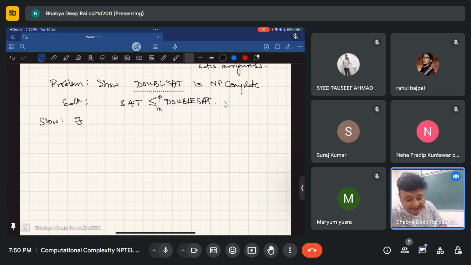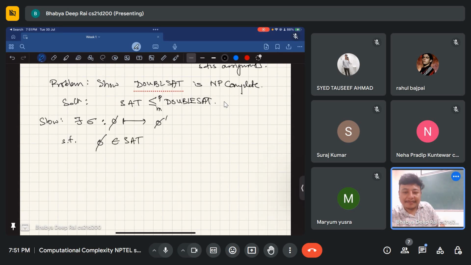We need to show that there exists a transformation sigma which takes in a formula phi and produces another formula phi prime such that phi is satisfiable if and only if phi prime, which is whatever sigma gives on phi, is in double SAT.